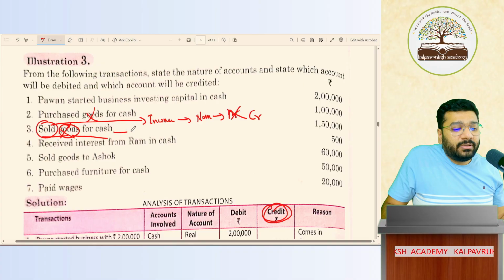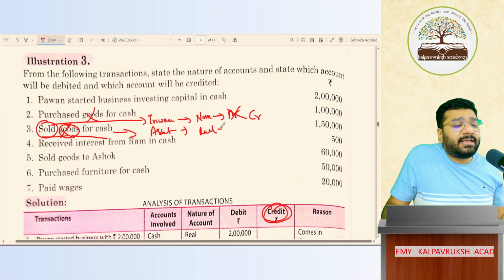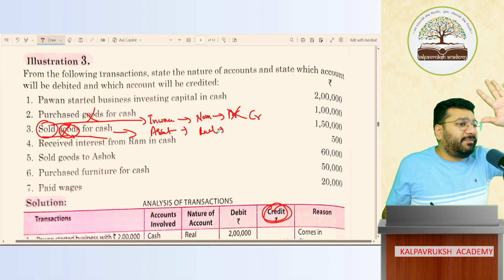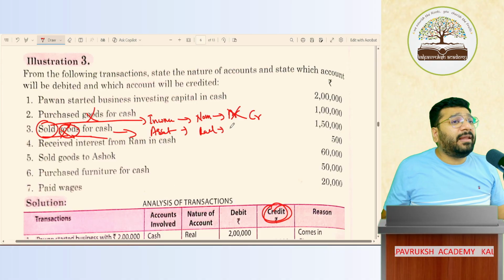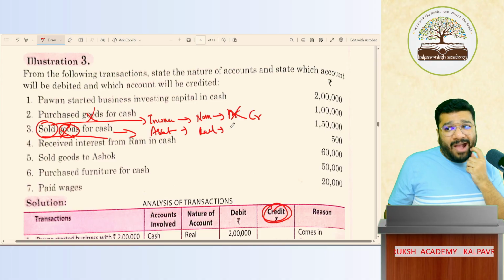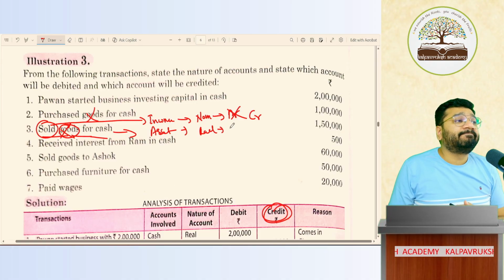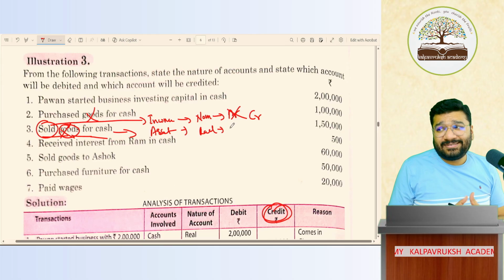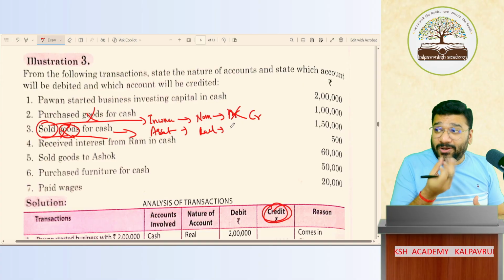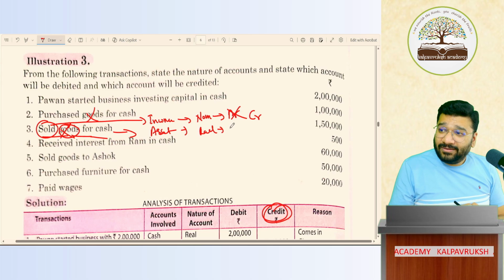Next is cash. As per modern rule, cash is an asset. All the assets will go to real account except those five. Cash does not come in those five. What is the rule of real account? Debit what comes in, credit what goes out.